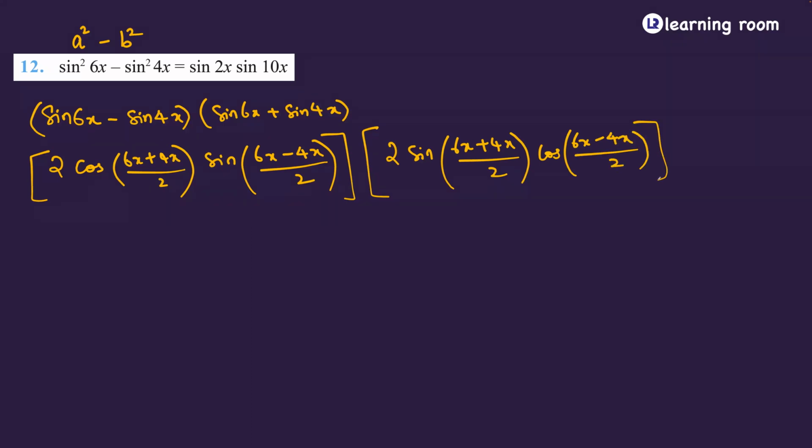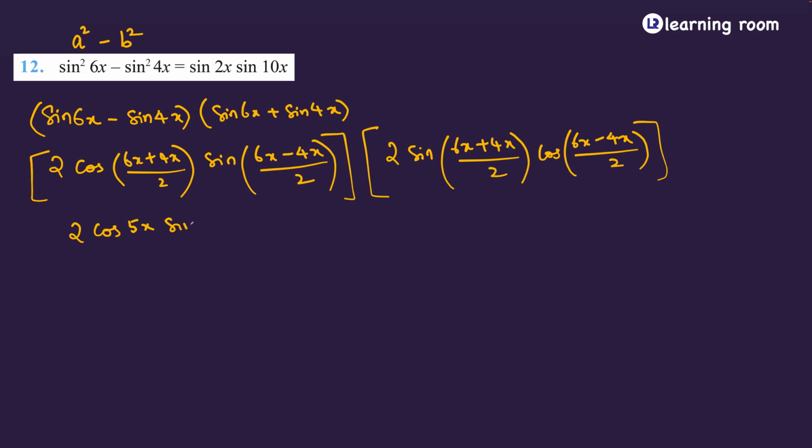So what will you get? Correction. I'll get 2 times cos of 6x plus 4x, which is 10x, by 2, which is 5x.